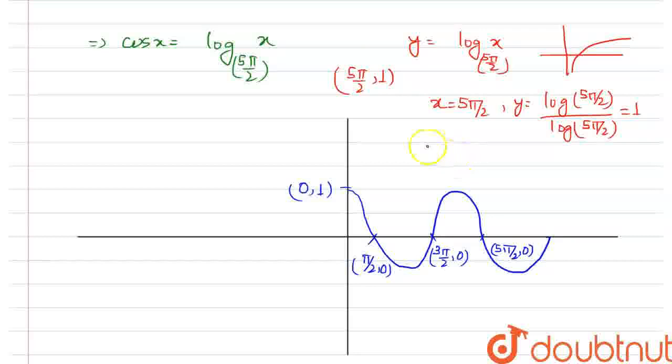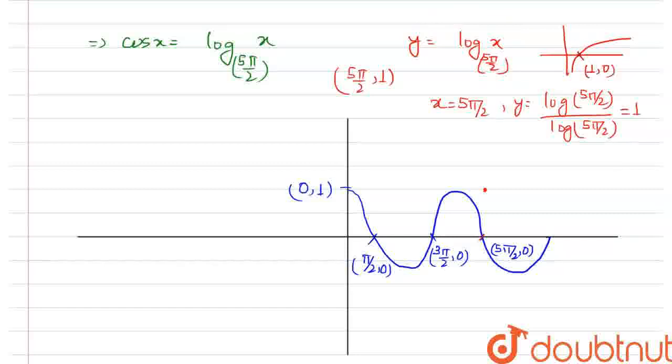So let us find out that point here. This point here is x equals 5π/2 and this point here is y equals 1. So we can say that the graph of y equals log x to the base 5π/2 will pass through this point, and we know that it will look something like this. Also this point here is where x is equal to 1 and y is equal to 0. So this point is (1, 0).